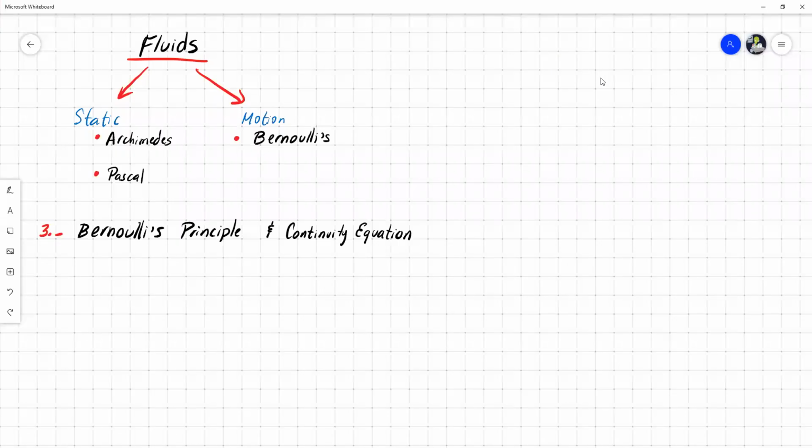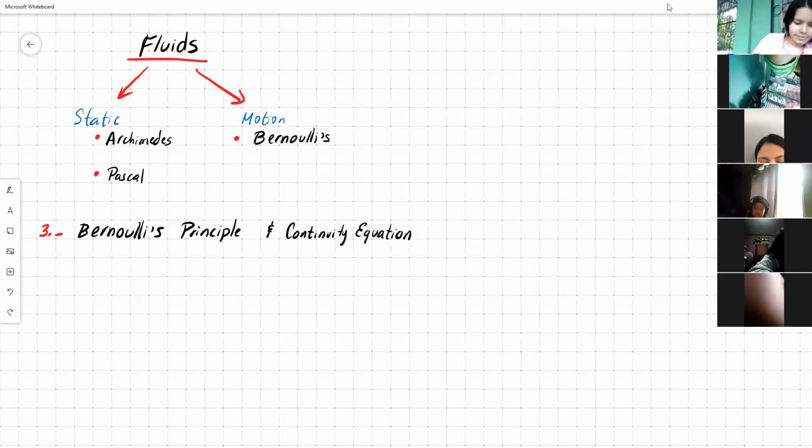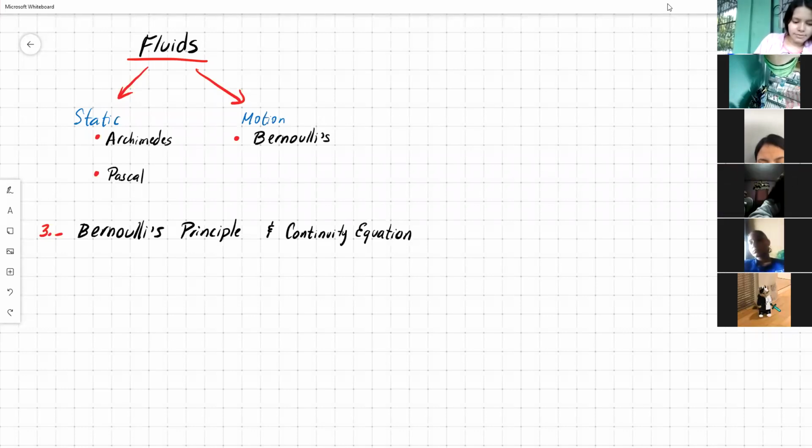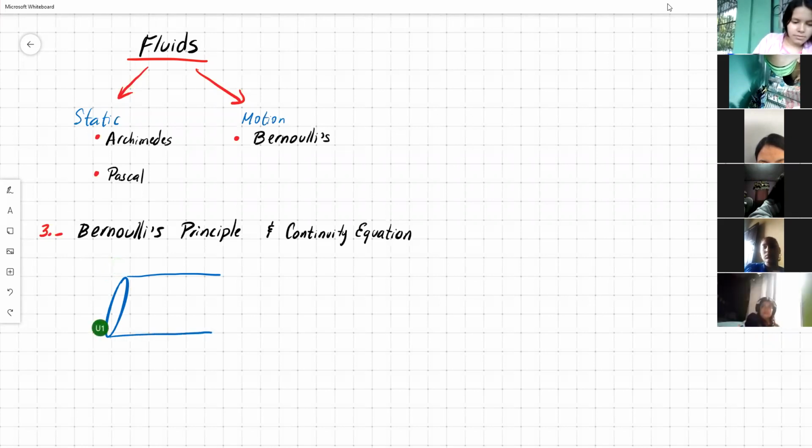So what do we have in Bernoulli's principle? Imagine, I told you already, to imagine a pipe. In a pipe, what happens? Well, water is running in the pipe. Imagine that in a pipe, I have this situation.